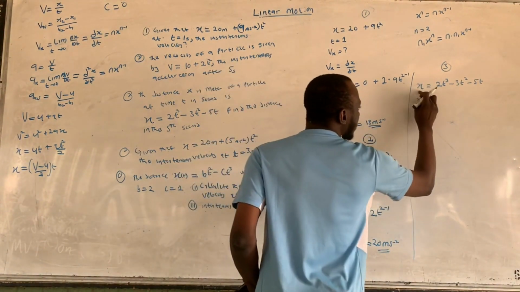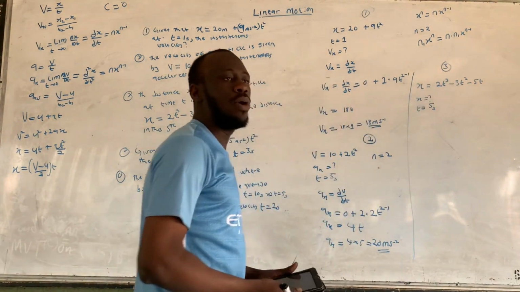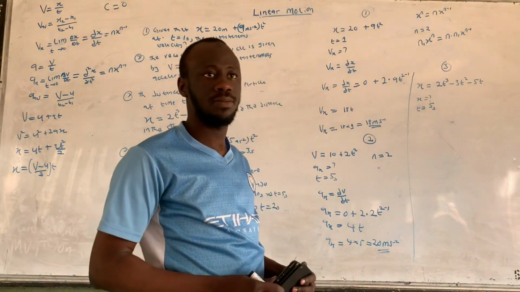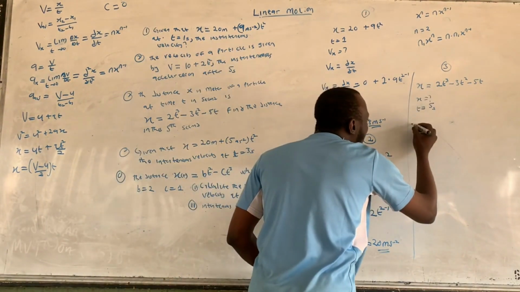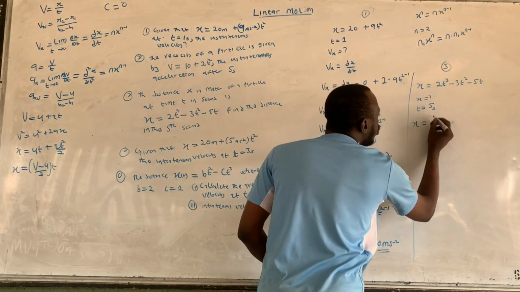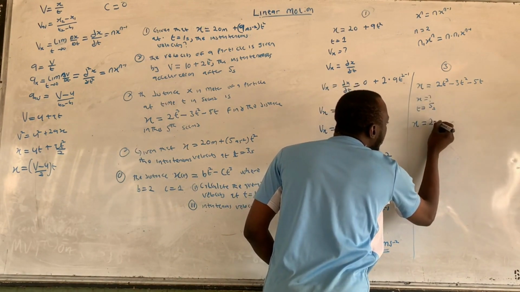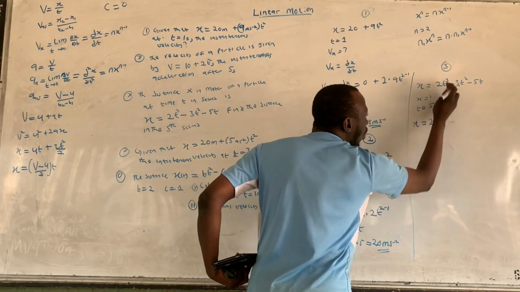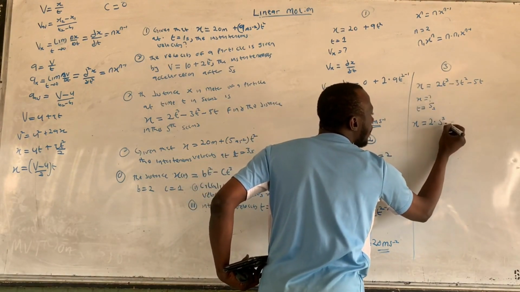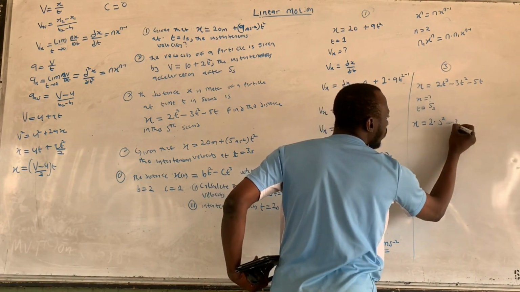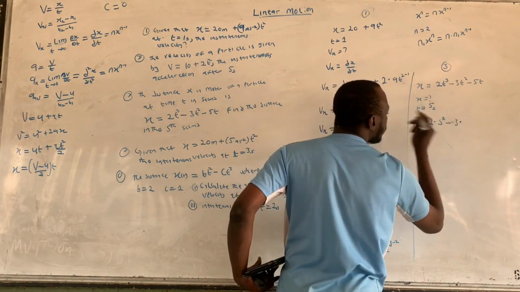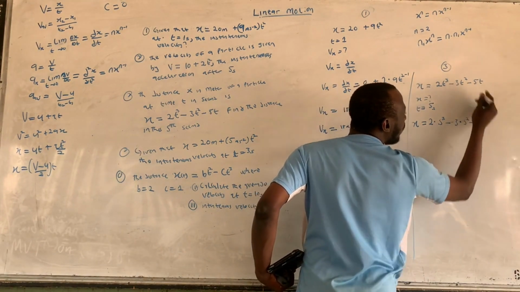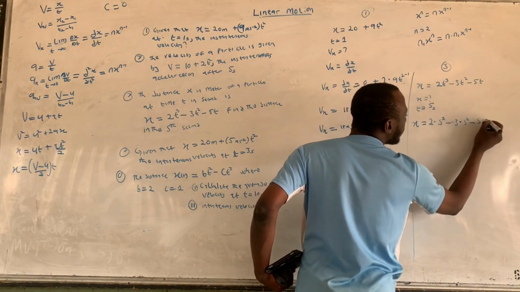This means here is our distance. We know we are not going to differentiate, we are just going to substitute t in this equation. Here we have our x distance equals 2 times 5 to the power of 3, minus 3 times 5 to the power of 2, minus 5 times 5.